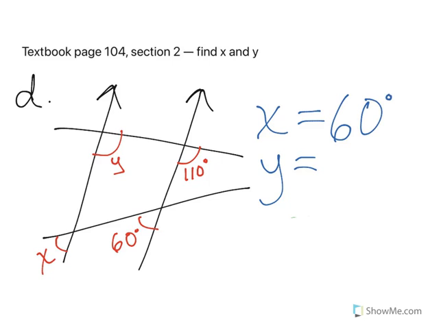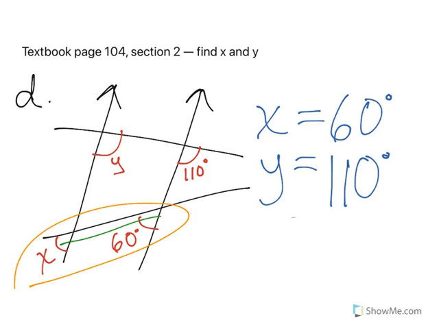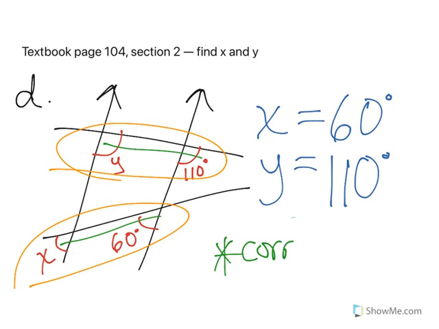Again, these are corresponding angles, okay? What does Y equal? 110 degrees. Yes, again, they are corresponding angles falling along that transversal, okay? Again, both are corresponding. Okay? Very good.